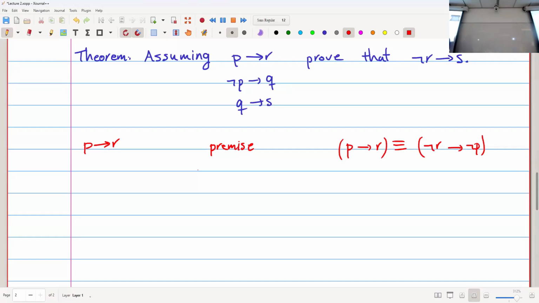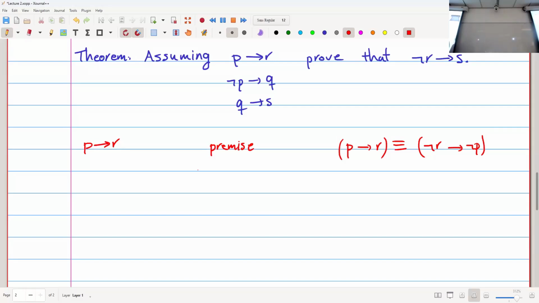So if I have P implies R, again, just look at it as a promise. I'm promising that whenever P holds, R will also hold, right? But that's the same as promising that whenever R does not hold, it's because P also doesn't hold, right? So I'm promising that if it's raining, then there are clouds in the sky.